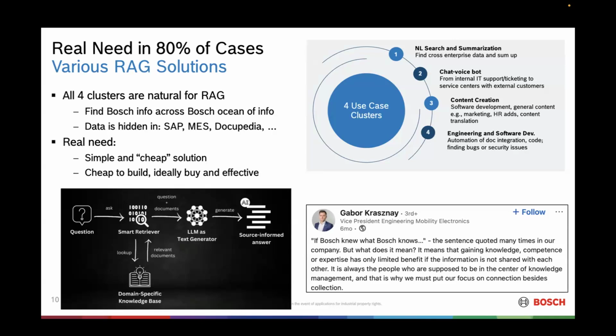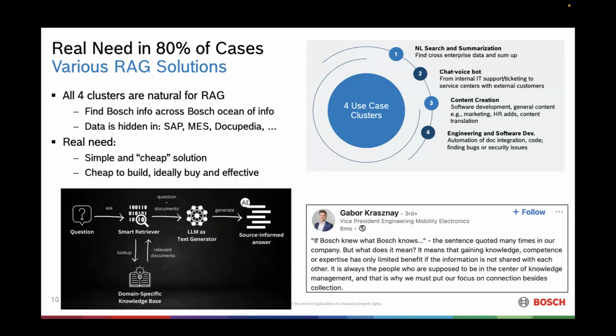The issue that Bosch, Siemens, and other companies witnessed could be described this way: if the company knew what it really knows, then it could improve and function much better, do better cost saving, and produce better products.